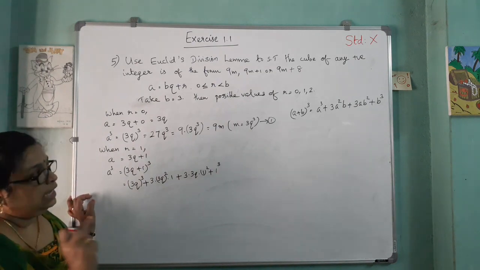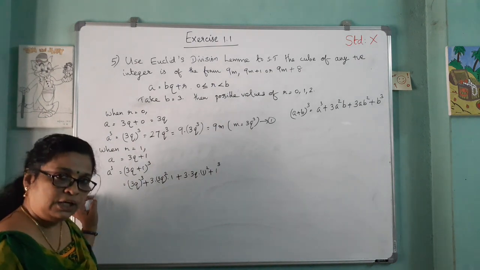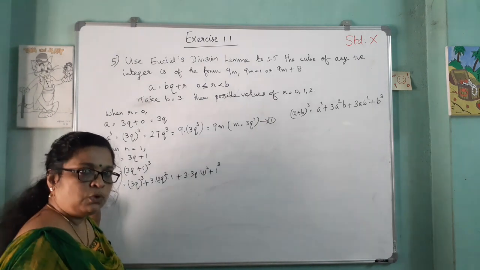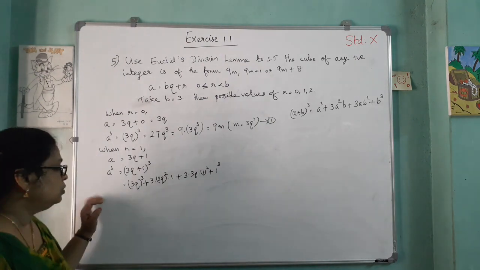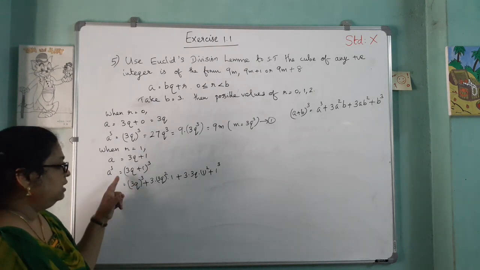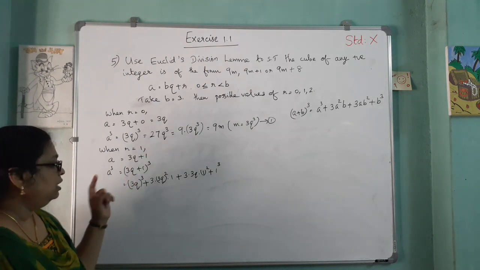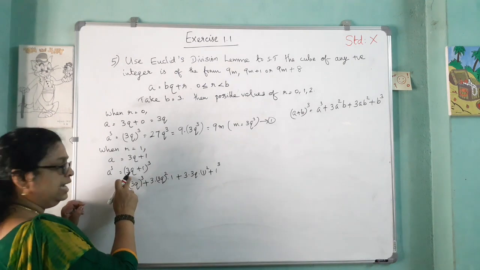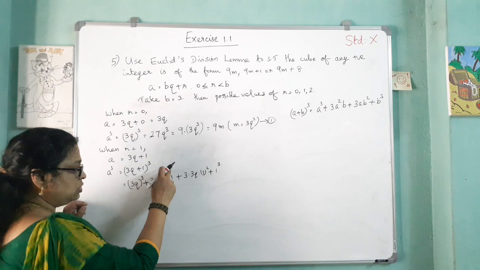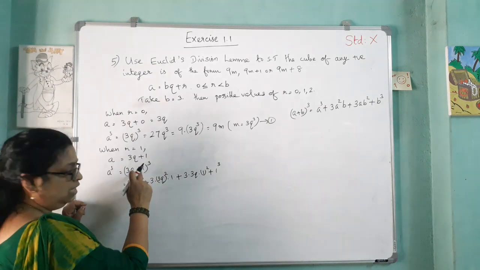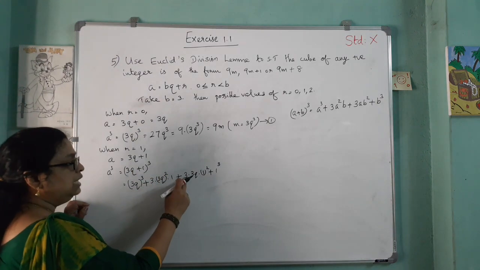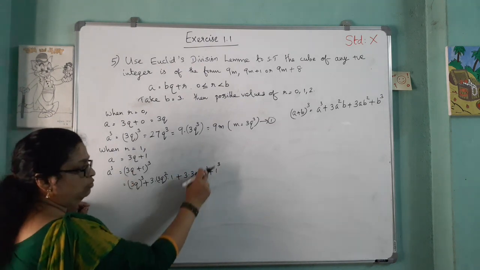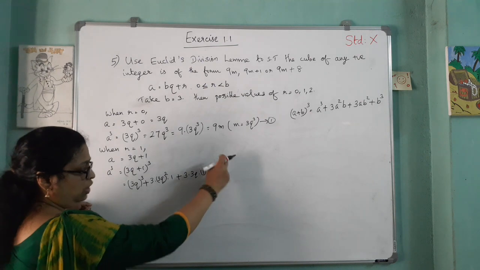We know that a plus b the whole cube equal to a cube plus 3a square b plus 3ab square plus b cube. So we expand: instead of a cube, here 3q the whole cube, plus 3 into a, that is 3q the whole square, into b, here 1, plus 3 into ab square, 3 into 3q into 1 square, plus b cube, that is 1 cube.